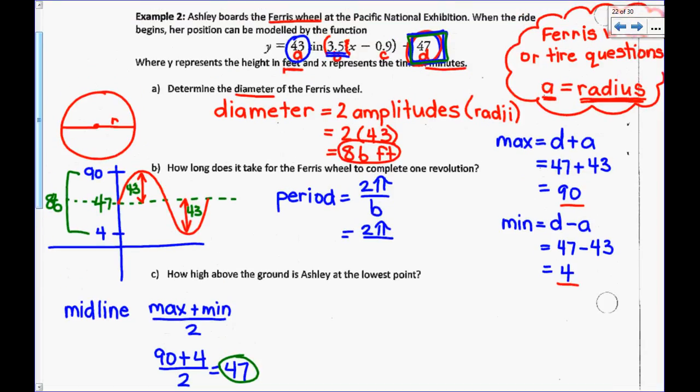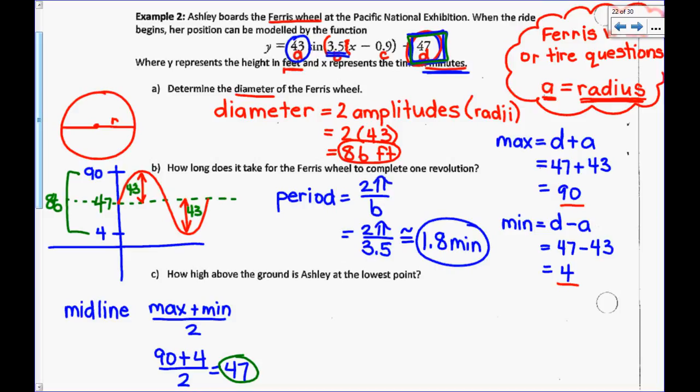B is 3.5. So if you calculate 2 pi divided by 3.5 on your calculator, you'll get about 1.8. And this is time in minutes. 1.8 minutes it takes to do one complete revolution, okay?